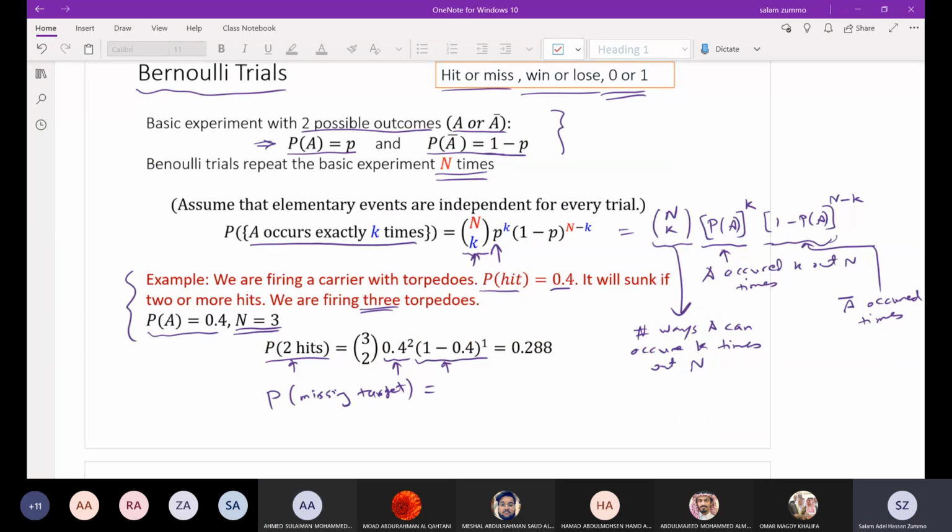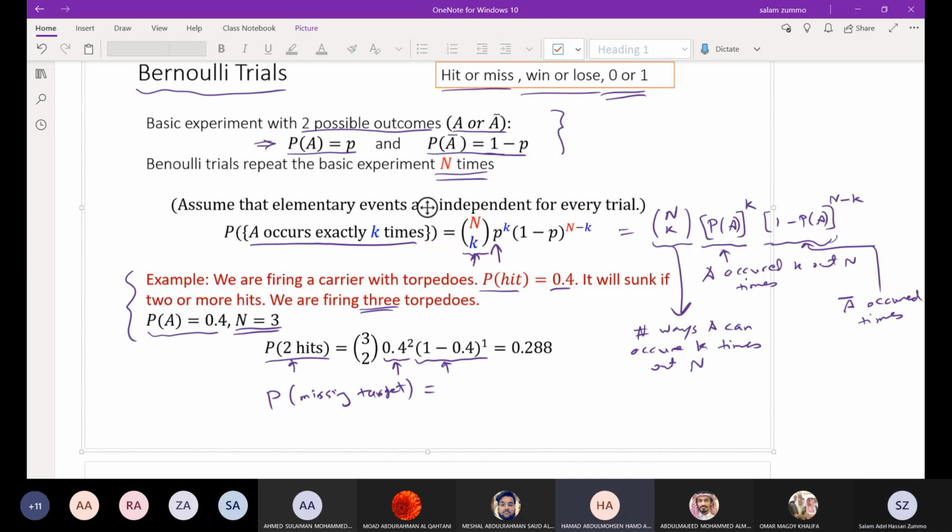But I will solve it with you now. What is the probability of missing? First, it's basically how many times I missed. How many times did we do the experiment? 3, right? 3 times. We missed in the 3 times, right?